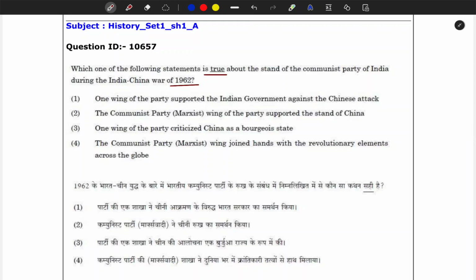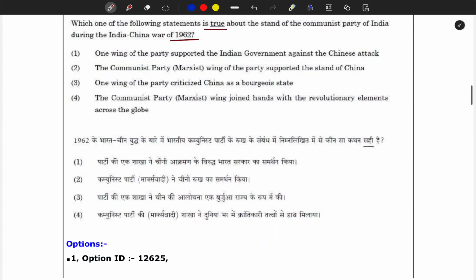Second thing, I'll read the statements one by one. Okay, here the statements are: one wing of the party supported the Indian government against the Chinese attack. I don't think there is any problem in this statement. I don't know whether it's correct or not, but I don't know anything against this statement.